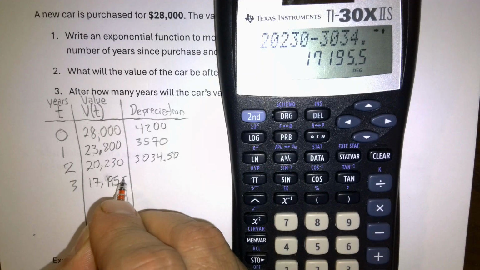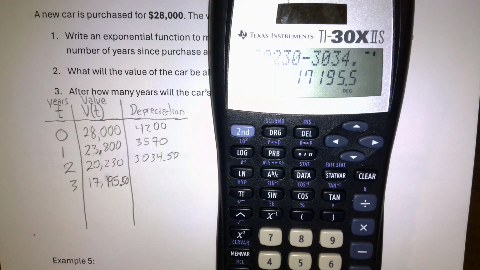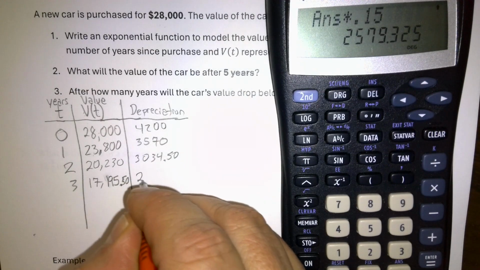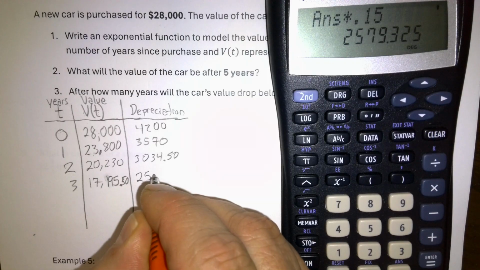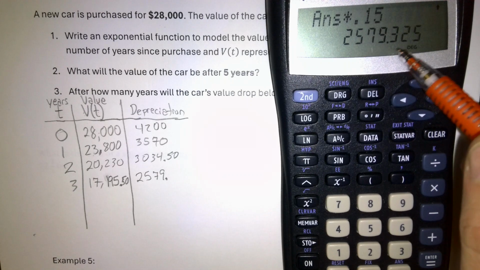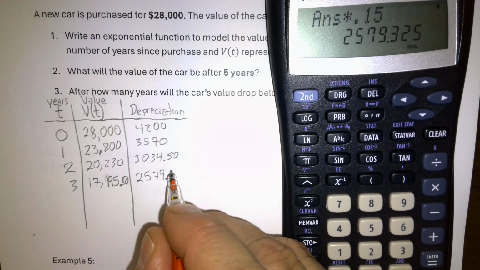17,195.50. All right. Same drill. Multiply that times 0.15, and that's how much it loses this next year. Now, here we're going to have to do some rounding because we can't have values in between pennies, right? So this is 32.5 cents. We can't do that, so this is going to round to 33 cents.